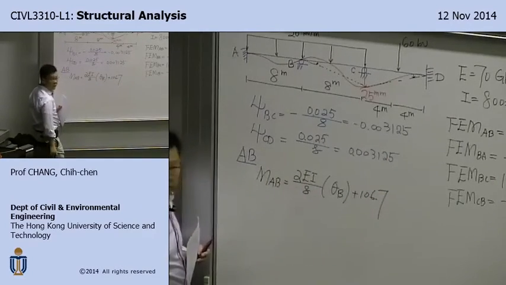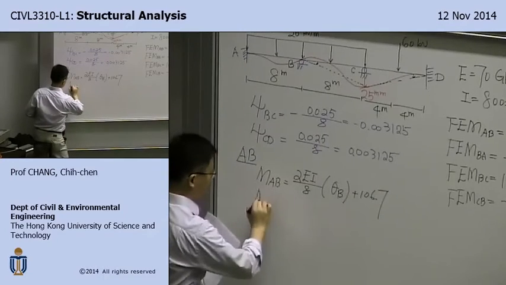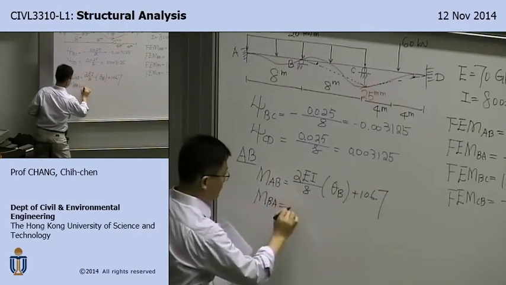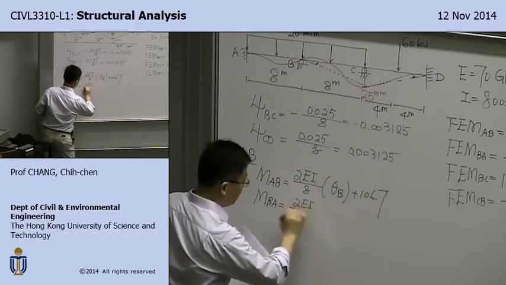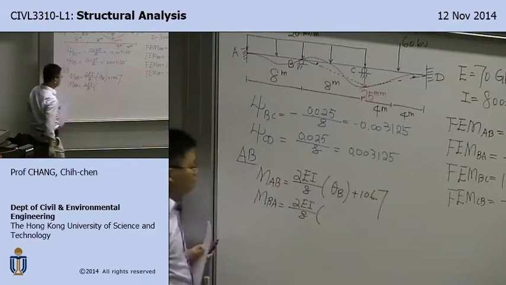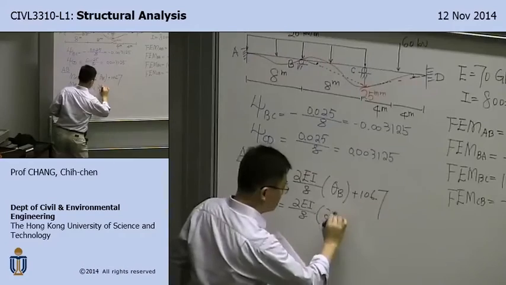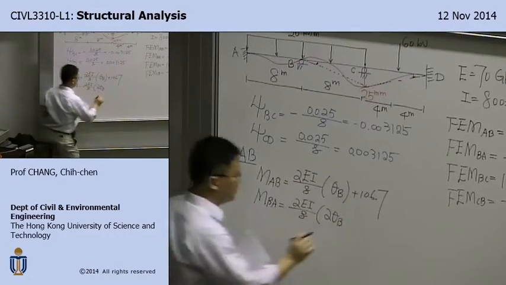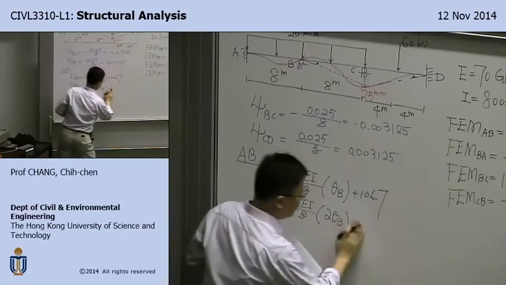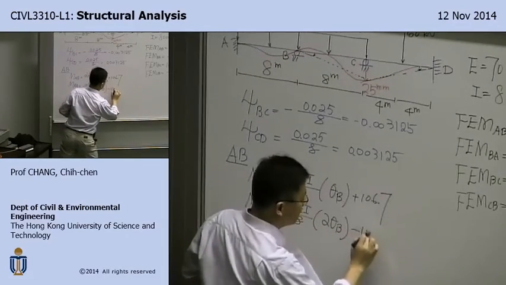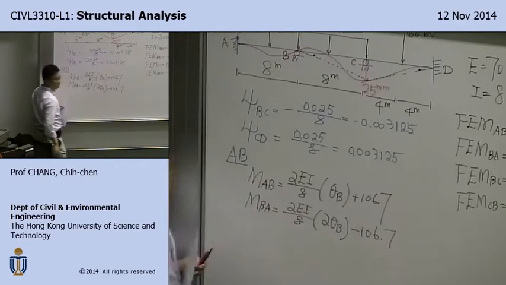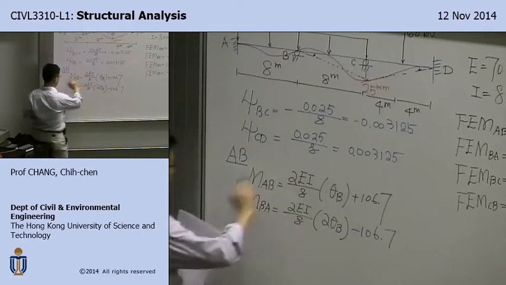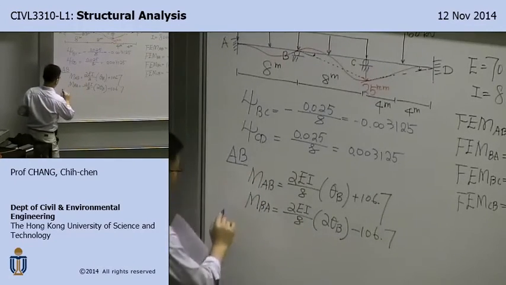That's the first equation. Second, MBA is 2EI over L, 2 theta B, 1 theta A equal to 0, no rigid body rotations, plus fixed end moment. All right. So that's it, AB. And then BC.